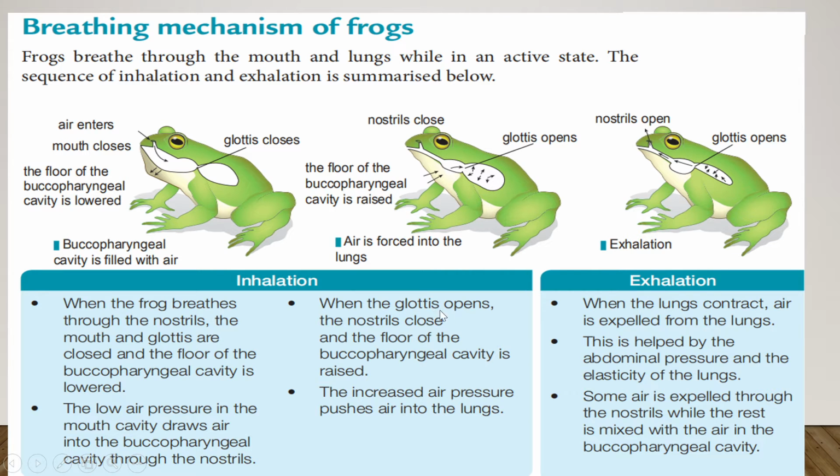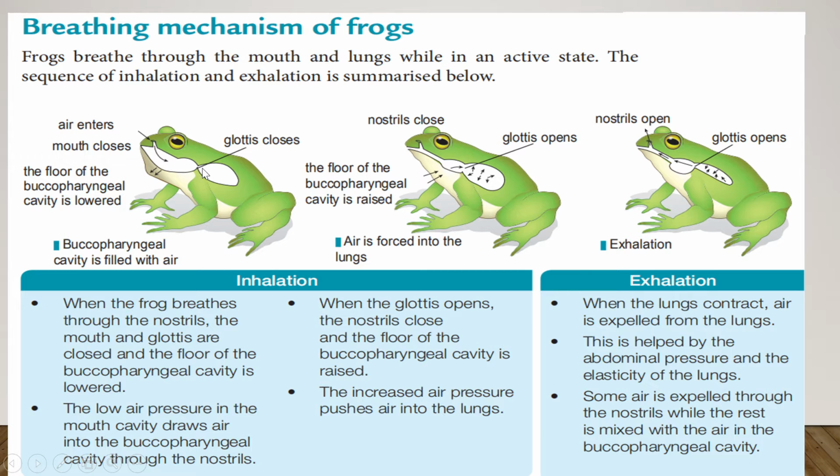Then the glottis opens, the nostrils close, and the buccopharyngeal cavity is raised. This one just now was lowered, now it is being raised, going up. The glottis, this is the glottis, will open.